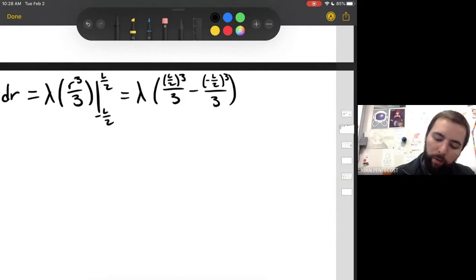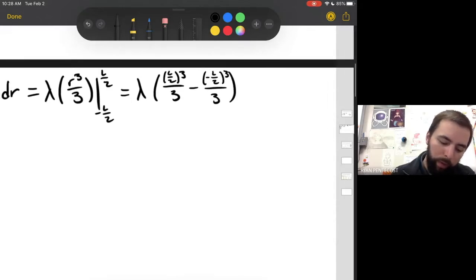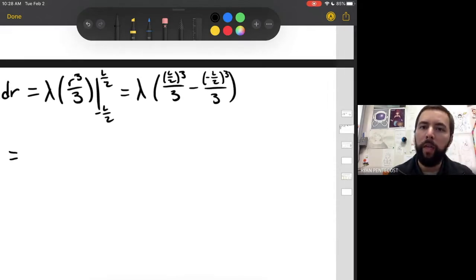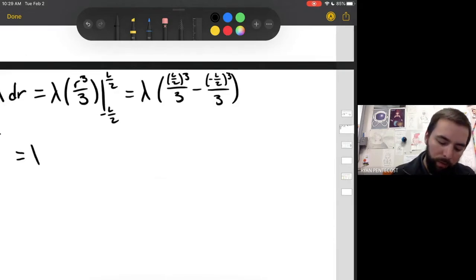Now, when we evaluate these cubes, remember that if there's an odd exponent, you keep a negative sign. Only even exponents actually eliminate a negative and make it positive. So we will have lambda times L cubed over 8 over 3 plus L cubed over 8 over 3.